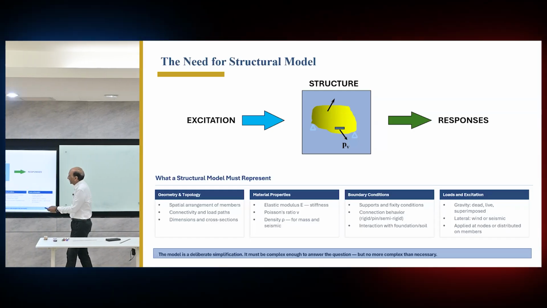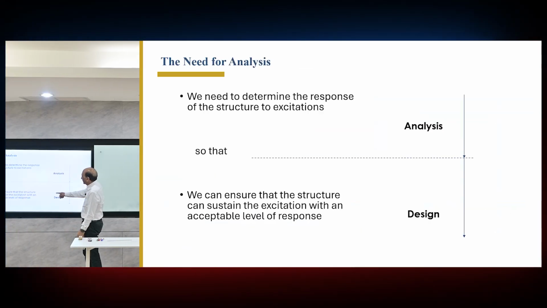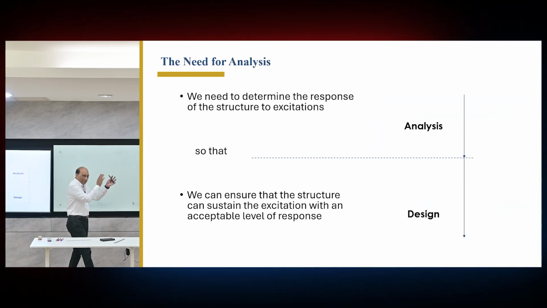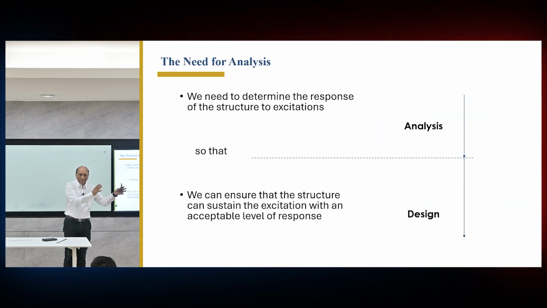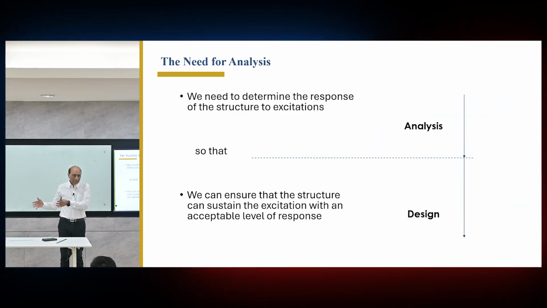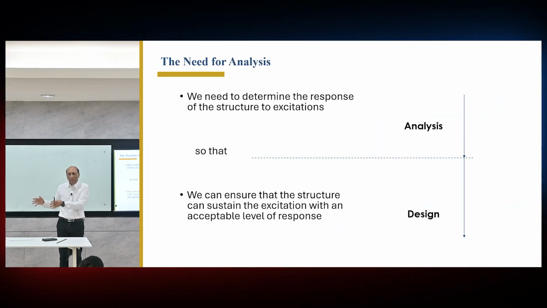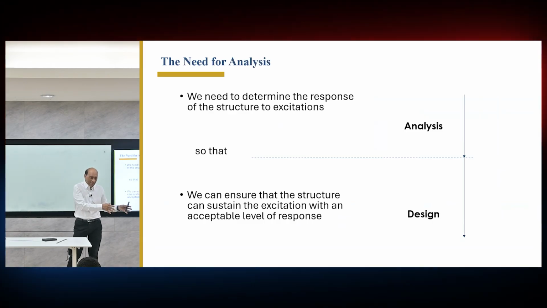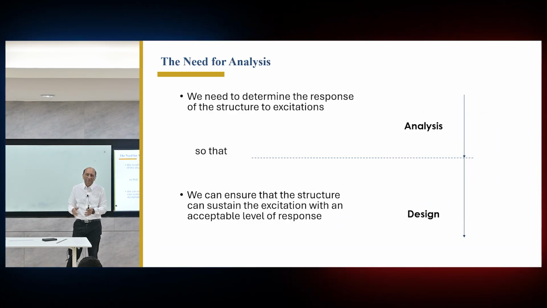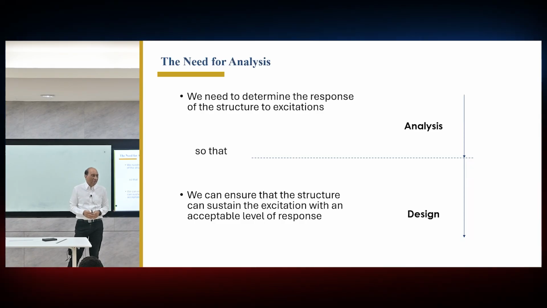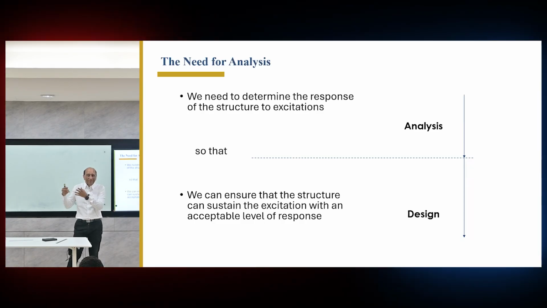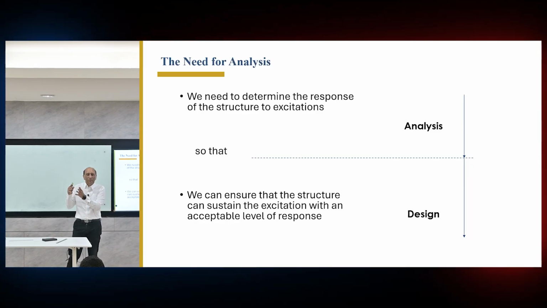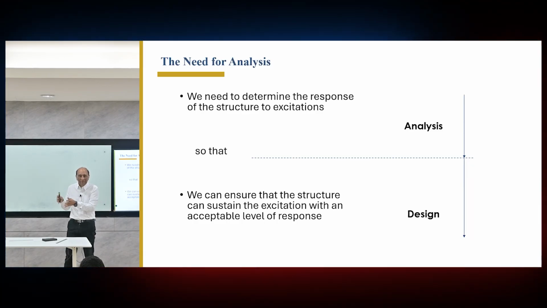So that's why we can ensure that the structure can sustain the excitation with an acceptable level of response. So we have three systems: structure, excitation, response. Whatever response we choose must be acceptable for the excitation on the structure. That's the definition of why we need this. To calculate the response to the excitation, we go to analysis. To find out whether the response is acceptable or not, we go to design.